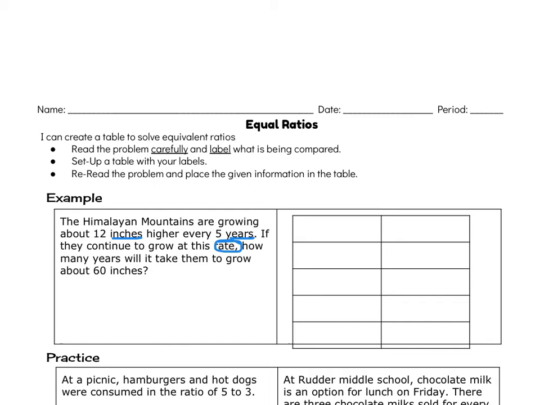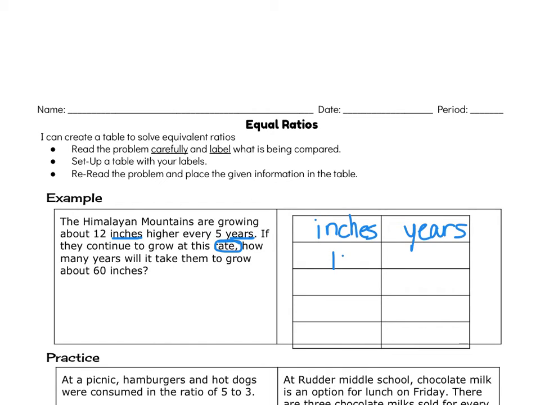So something is happening at a constant rate, a constant ratio. So those are my 2 things that I'm comparing. I'm comparing the inches it's growing to the years it takes. And so I'm going to put that in my table. So I'm going to put in inches and years.